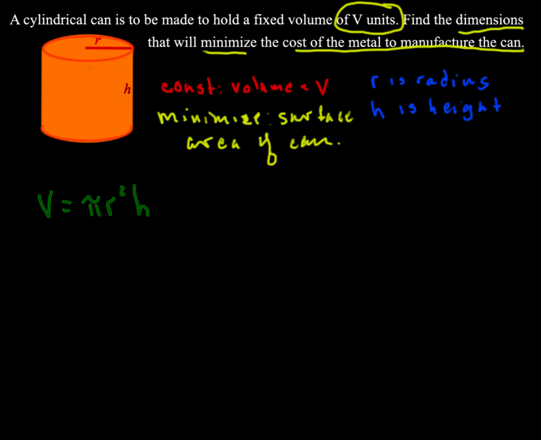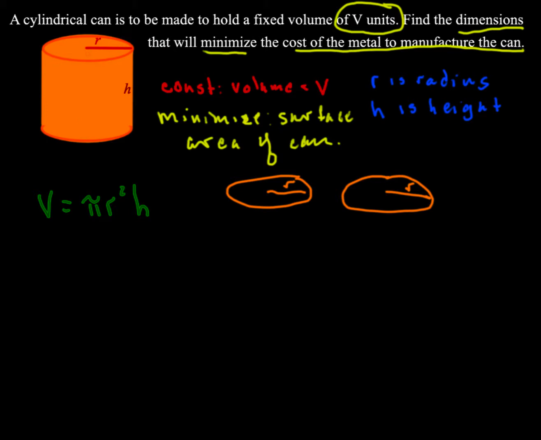Now, how about surface area? Let's take this into pieces. A can is composed of at least 3 different components. We've got the top, which is a circle of radius r. We've got the bottom, that is a circle of radius r.